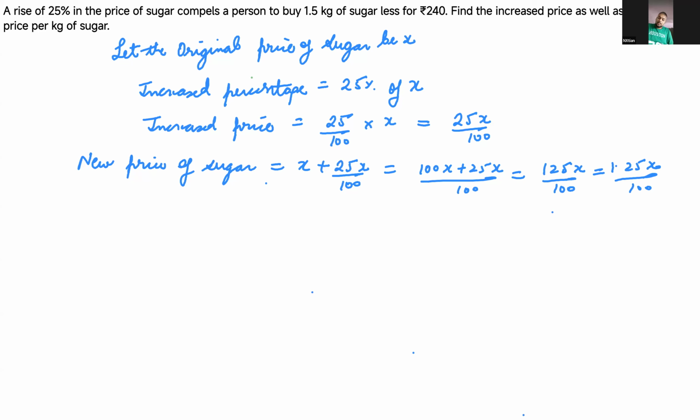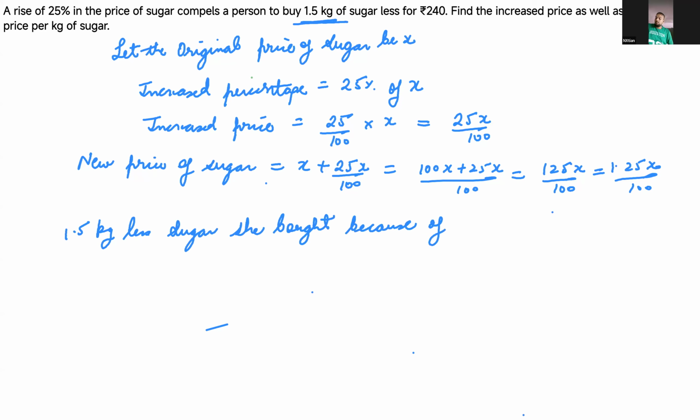Now, how much less sugar did she buy? She bought 1.5 kg less sugar because of the increased price, which is 1.25x.